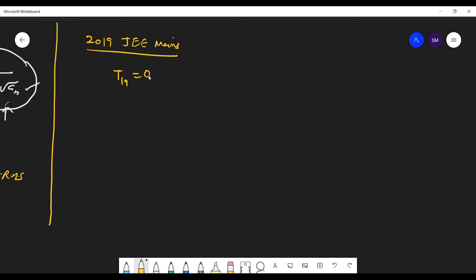T19 is equals to 0. 19th term is 0 of an AP, and T49, what is the ratio of these terms? Yes, come on. So this is given to you. If this is there, then find out this. So what is given? Come on, can you tell me the answer? Fatafat. You have only two minutes to do it.